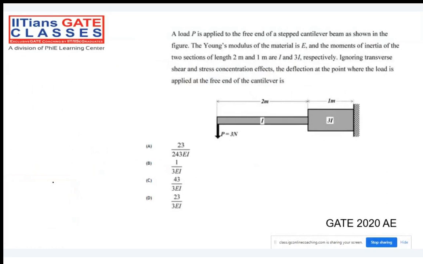What is the answer? 43 divided by 3i. Let me check it out.